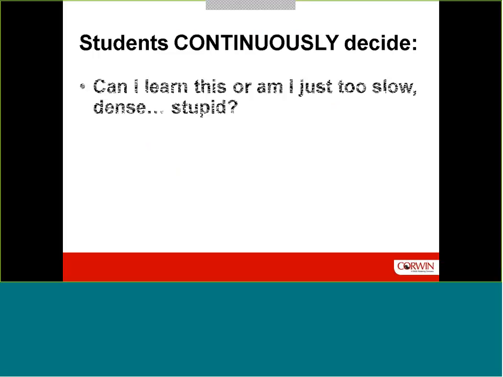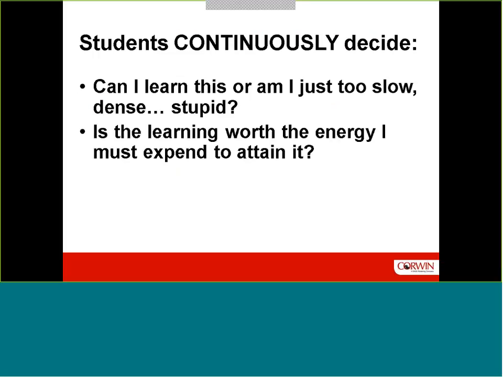Or, is learning this worth the energy that I must expend in it? Or what about the really struggling learner who's asking, is trying to learn this worth the risk that I might fail again in public? Because that just hurts too damn much. They're not to try, and they drop out.